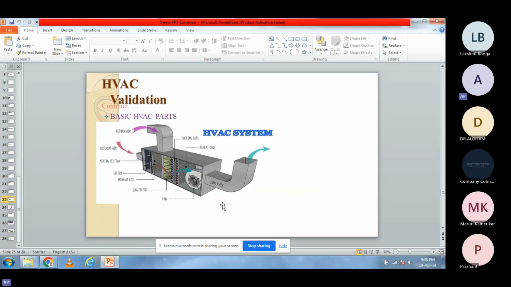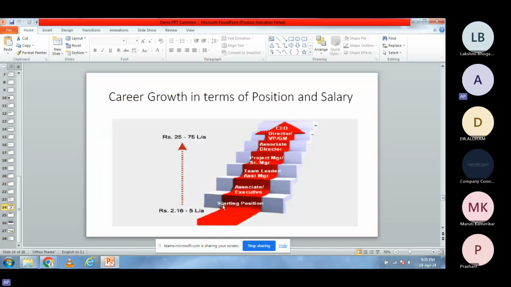Why is it important? Because it is specifically for persons who are working in the pharma industry.